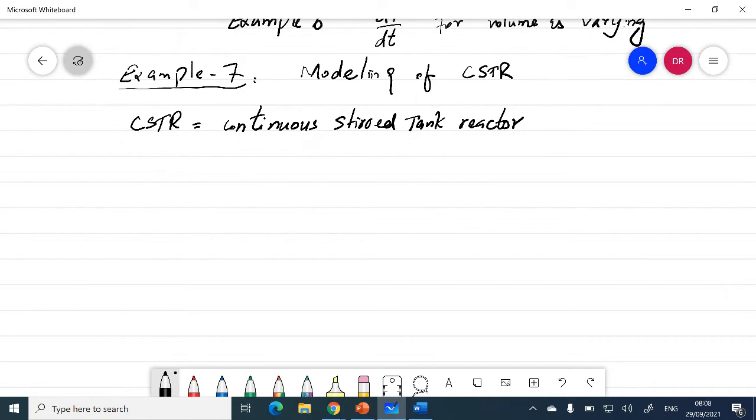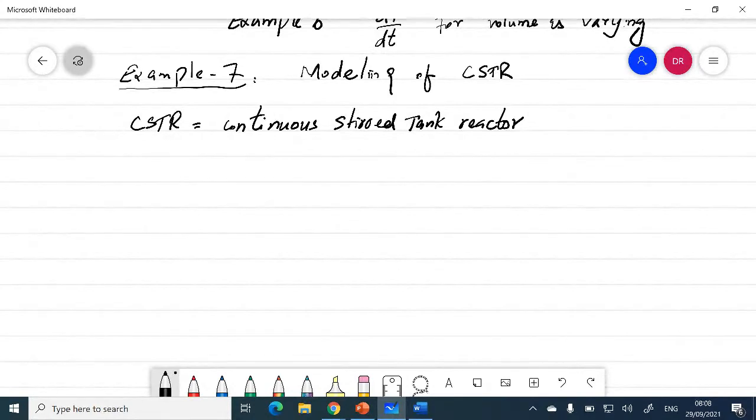In this example we will consider a simple liquid phase irreversible reaction. Before we go into the modeling part of this example, I will briefly review some theoretical background of the continuous stirred tank reactor.